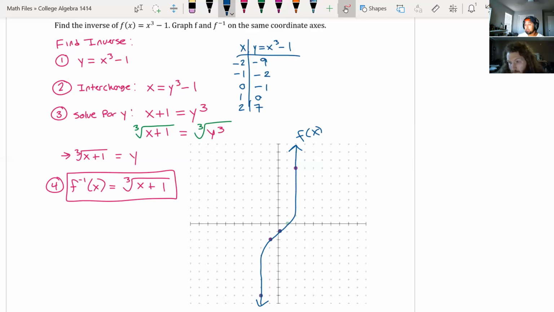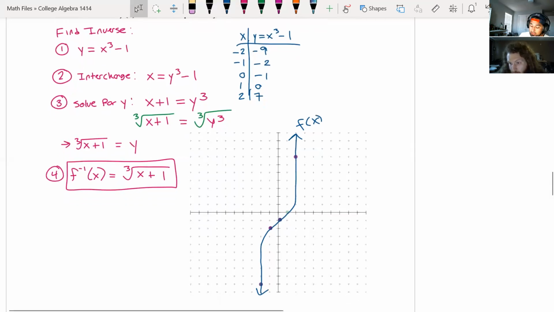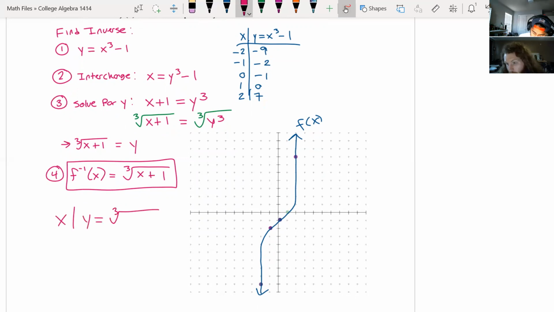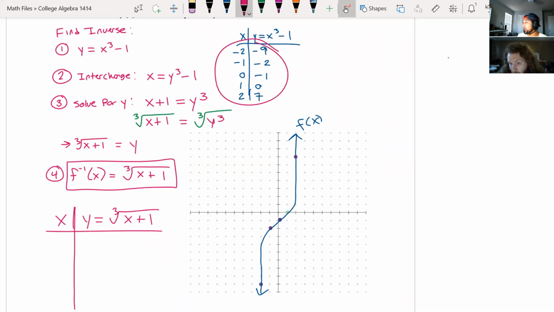And now let's go ahead and graph the inverse. Do I need to pick new points? No, because you could take the inverse of the points that you already created. So whenever you graph the original function, and if it has an inverse, all you're going to do is take these coordinates and flip them.